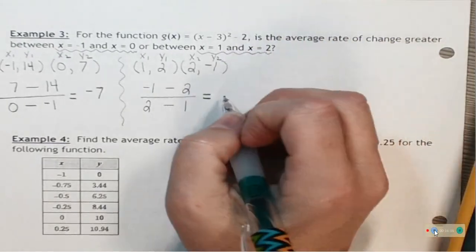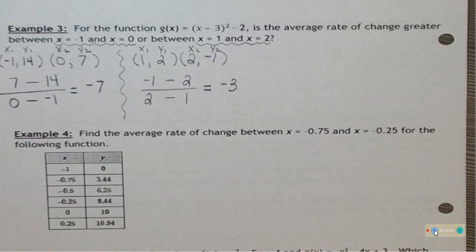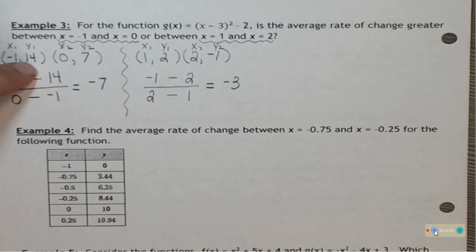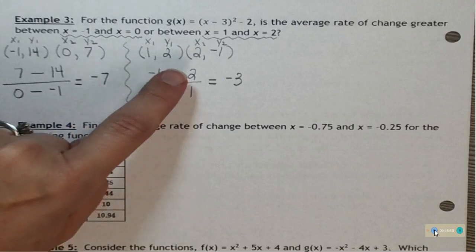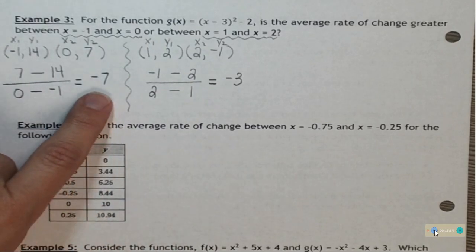-3, okay, good. All right, so now, we're about to have to compare these because ultimately what I asked you is, is the rate of change greater for the interval -1 to 0 or between 1 and 2? So what I need you to do is to describe to me, what does -7 mean for rate of change?